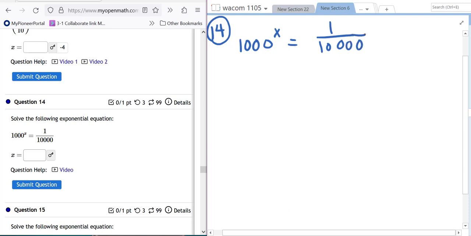So I would go with 10 to some power here, and this one is 10 to the third, which will give us 10 to the 3x. This one, because it's in the denominator, it'll be a negative power, but we can just play with our calculator.